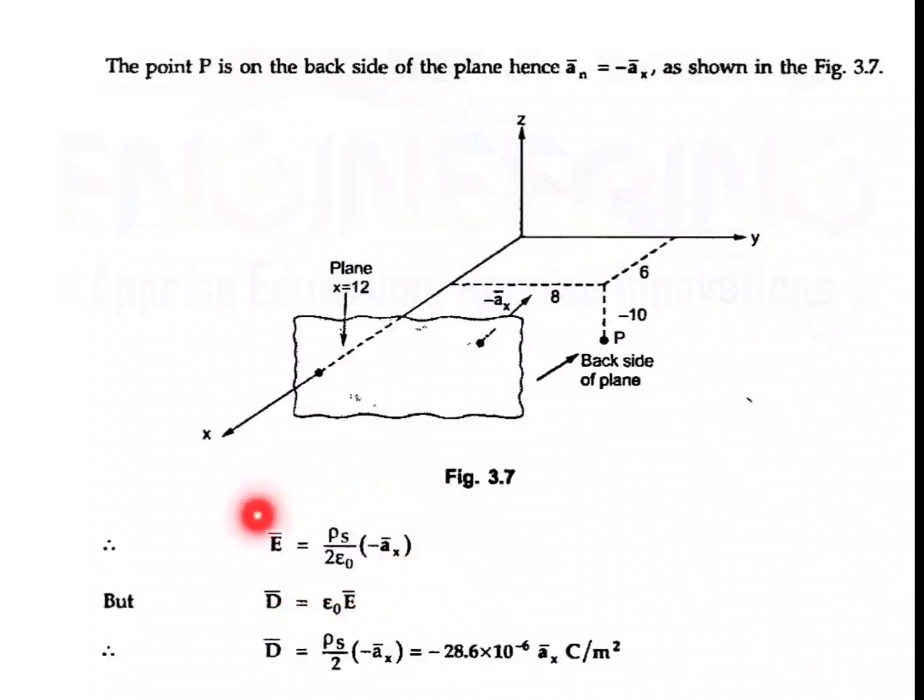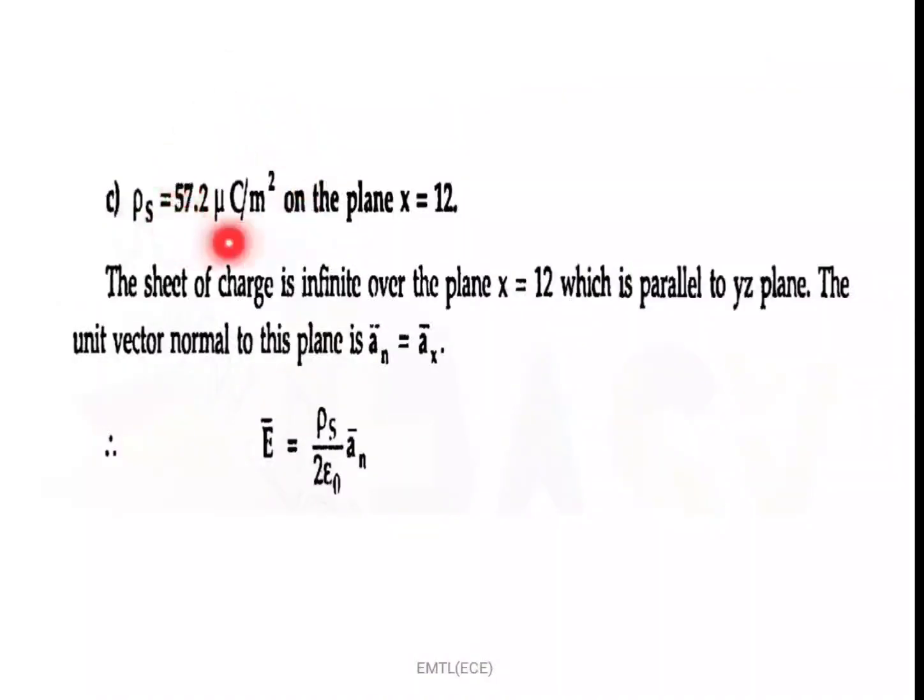So by substituting, E is equal to rho s by 2 epsilon naught times minus AX bar, and D is equal to epsilon naught E, that is D bar is equal to rho s by 2 times minus AX bar only. Here the rho s value is given in the problem, that is 57.2 microcoulombs.